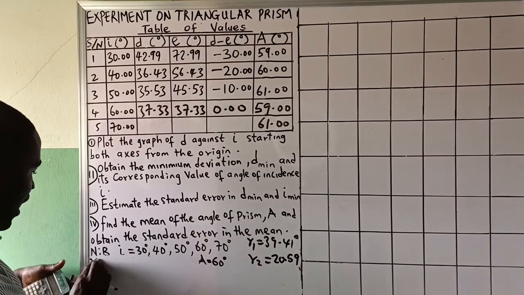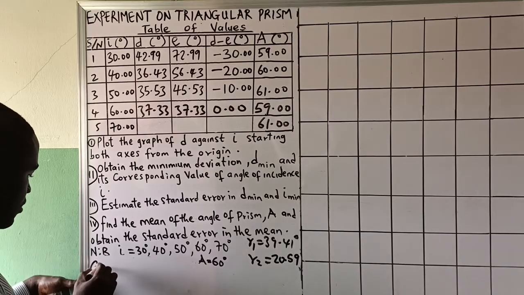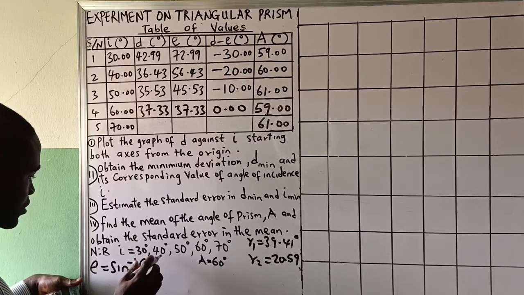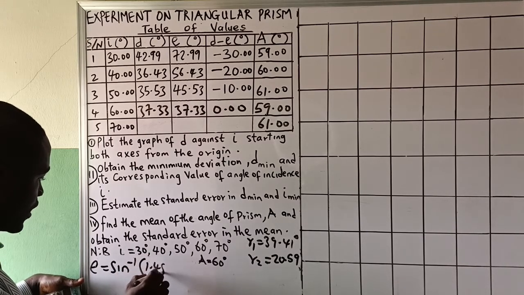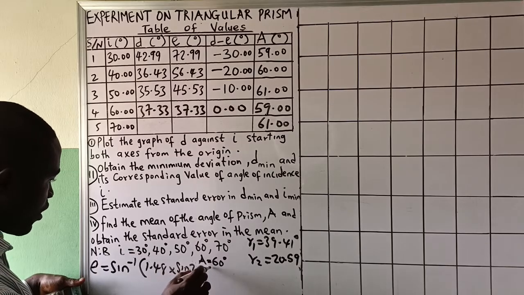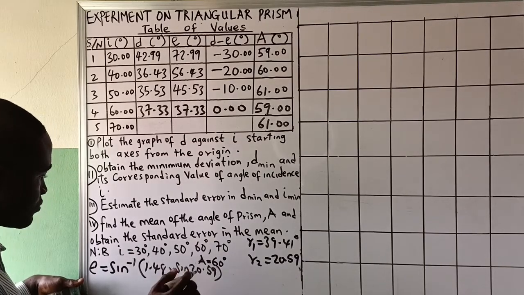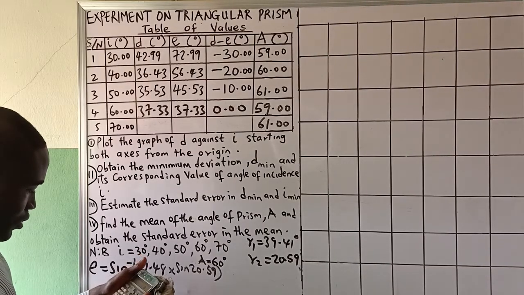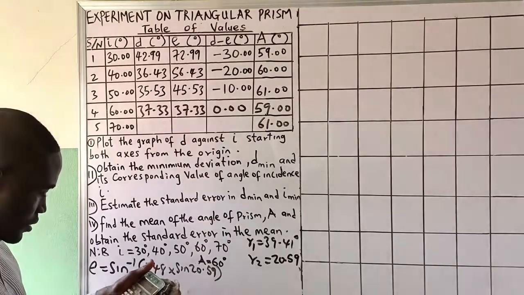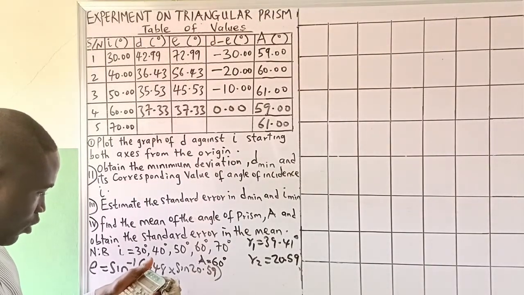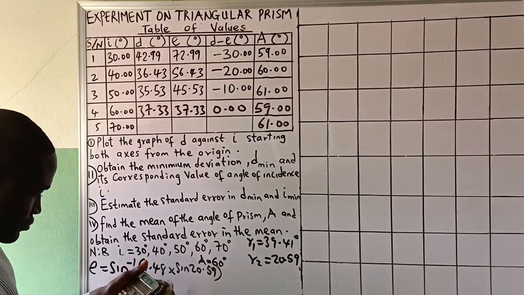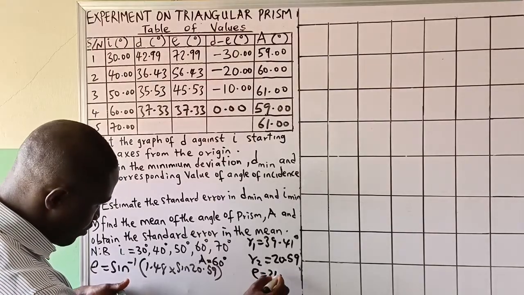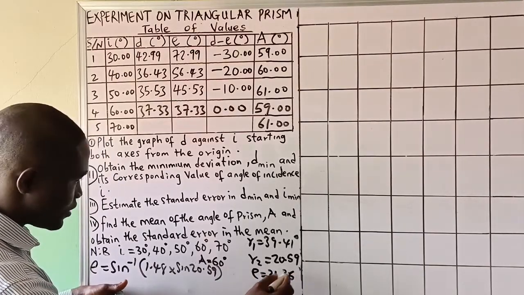Then we get our E by saying that E equals sine inverse of bracket 1.48 times sine 20.59. I will now say shift sine bracket 1.48 times sine 20.59. That will be giving you E equals 31.36 degrees.